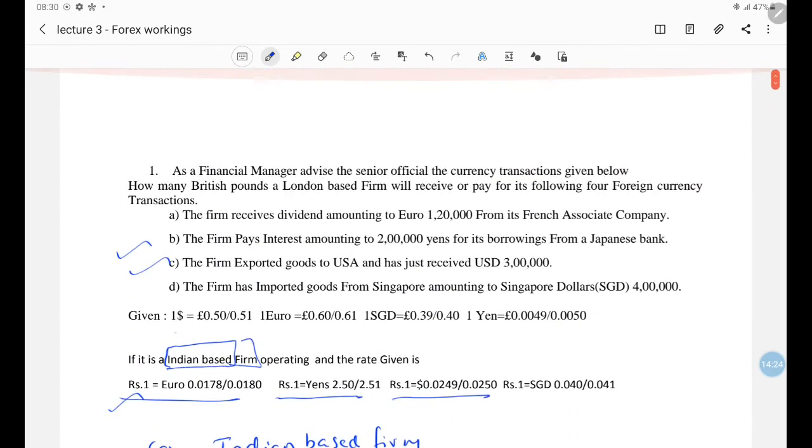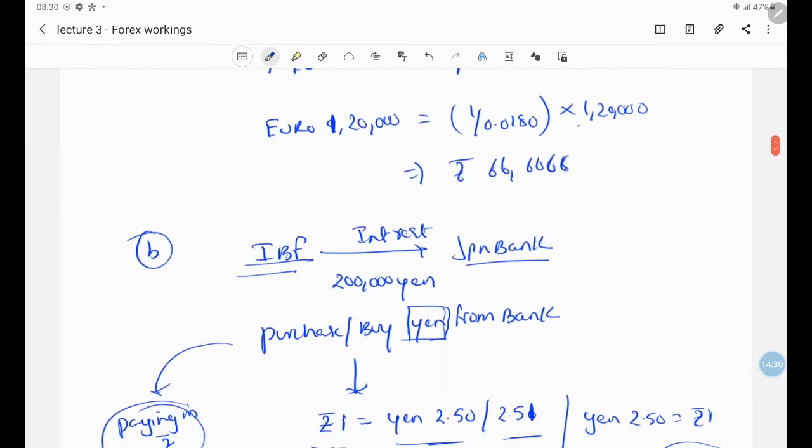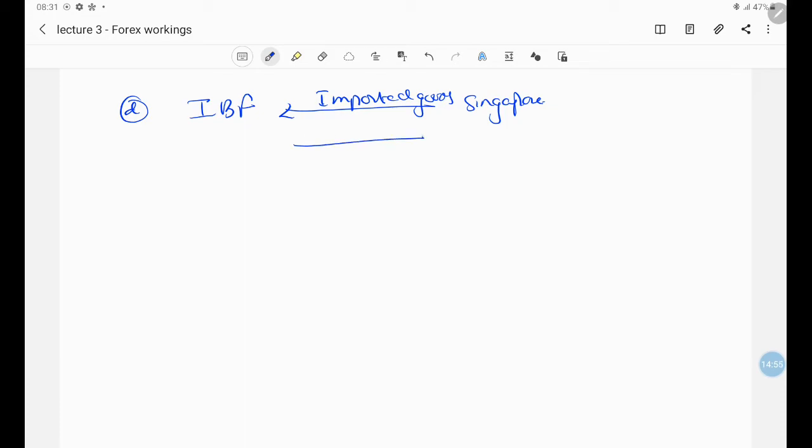Then the fourth transaction we have, the firm has imported goods from Singapore amounting to Singapore dollar. So from the point of view of the Indian based firm, the firm has imported goods from Singapore, and we have to pay in Singapore dollar to the Singapore based firm, which is your 4 lakh Singapore dollar.